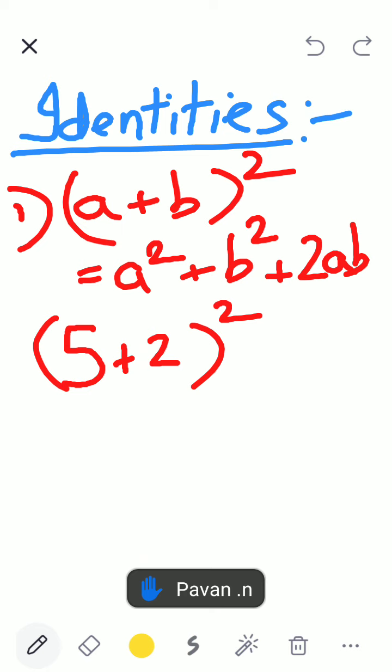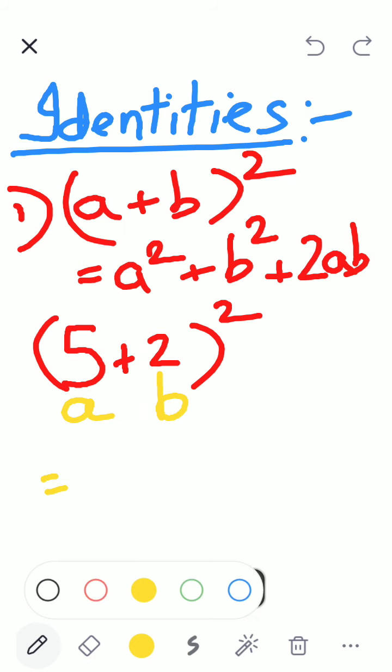Now, Shweta, tell me which is A? A is 5 and B is 2, correct? So can I write this as the formula, A square plus B square plus 2AB? What is A square now? Correct.